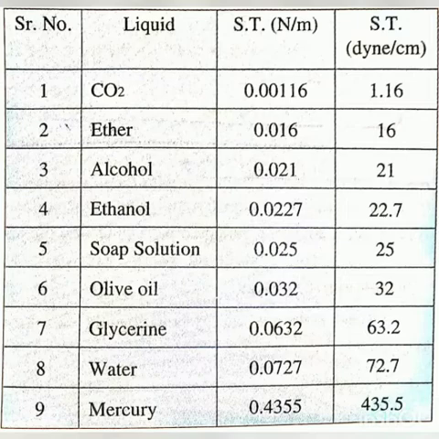In case of alcohol, it is 0.021 Newton per meter. In case of water, it is 0.0727 Newton per meter. And last, in case of mercury, it is 0.4355 Newton per meter.